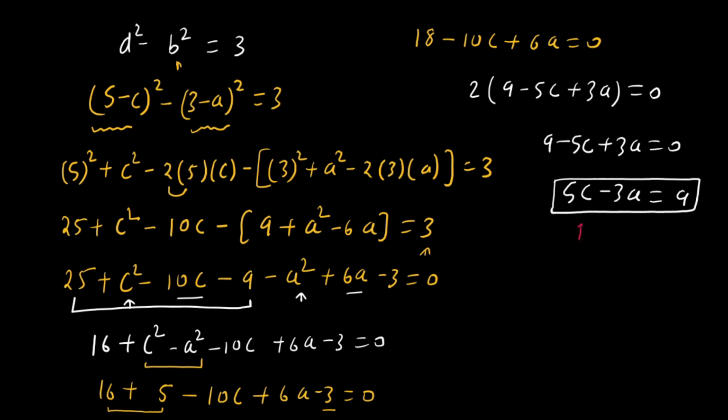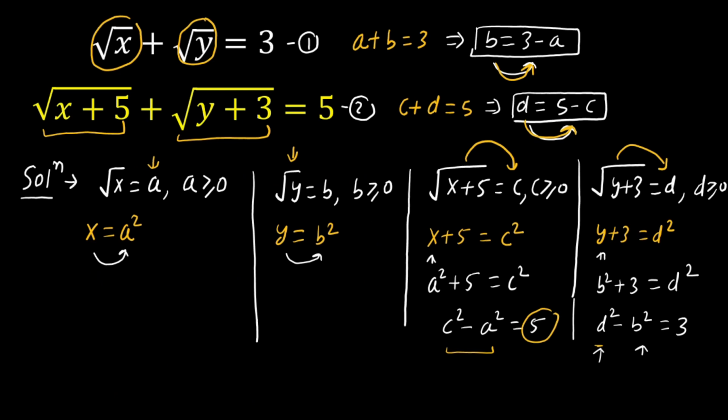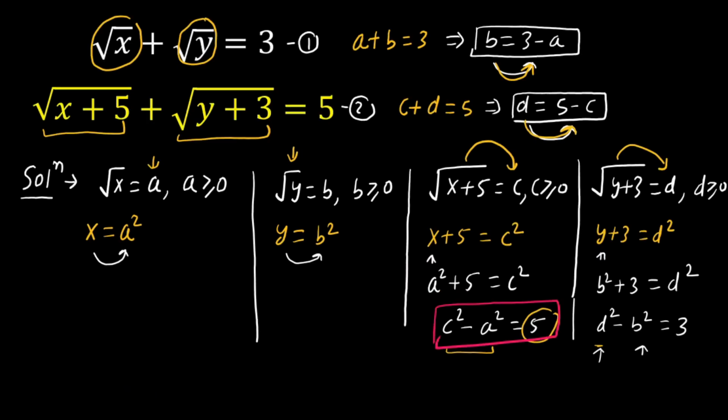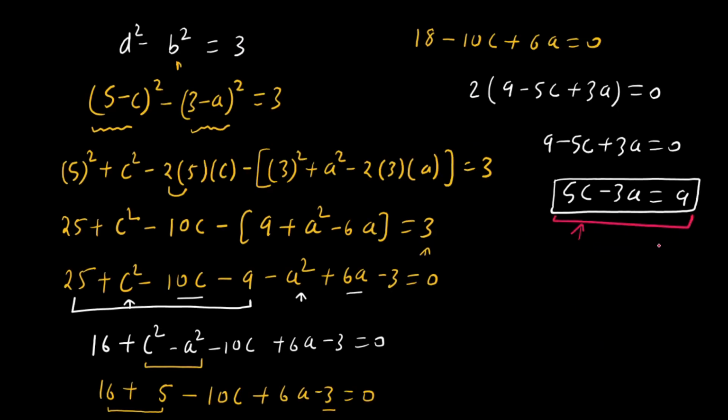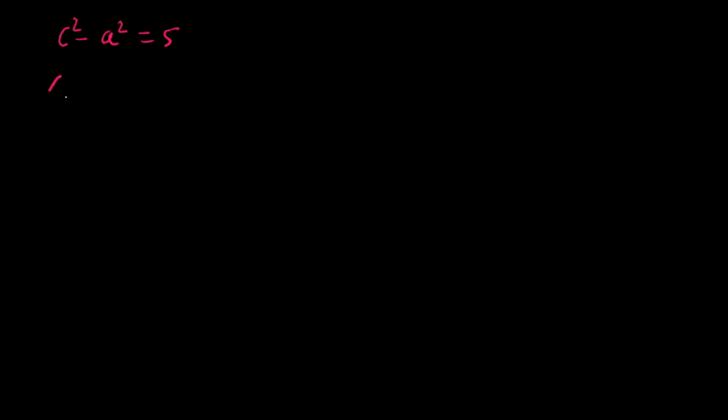Look carefully at these two equations: c square minus a square equals 5, and 5 times c minus 3 times a equals 9. Then 5 times c equals 9 plus 3 times a, and dividing both sides by 5, c equals (9 plus 3 times a) divided by 5.